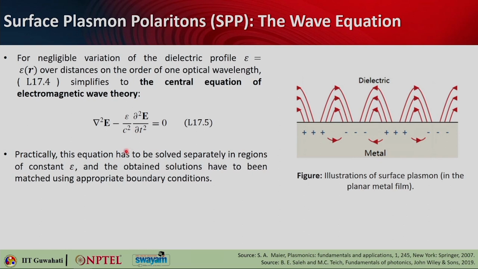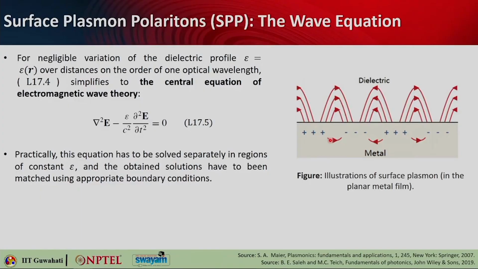Practically, this wave equation has to be solved separately in regions of dielectric constant epsilon, if there are variations in different regions, and the obtained solutions have to be matched using appropriate boundary conditions.